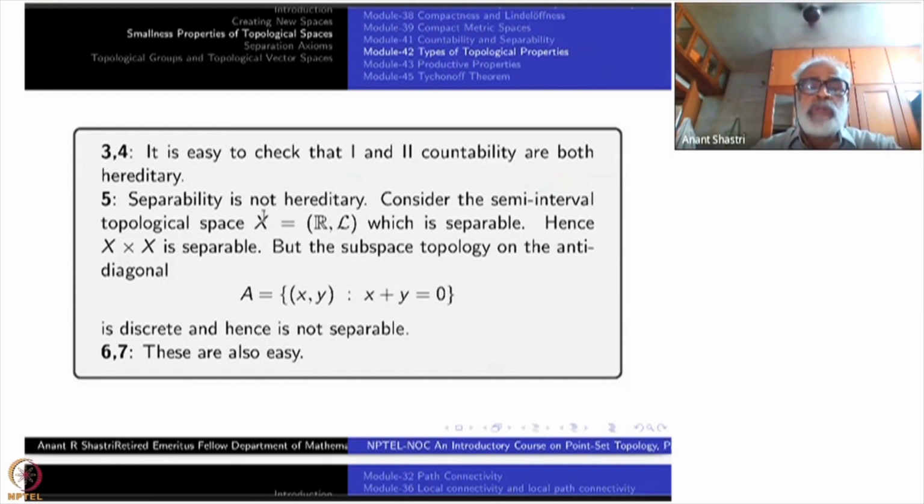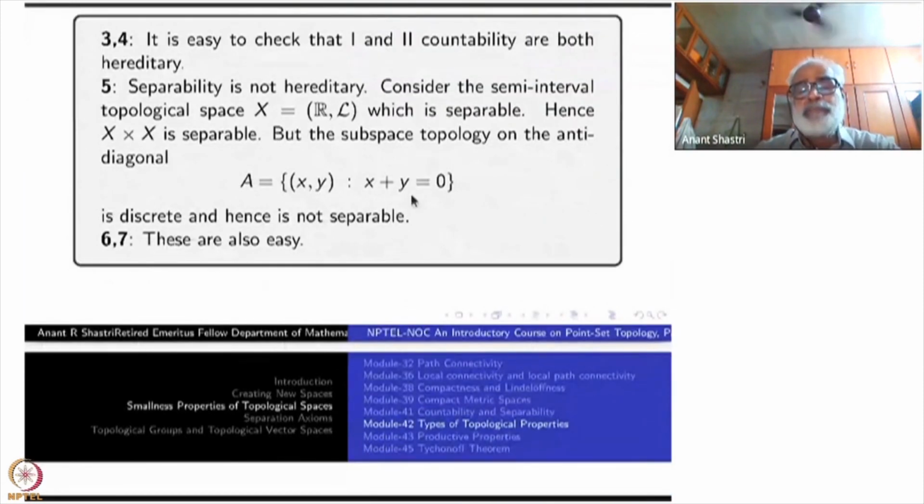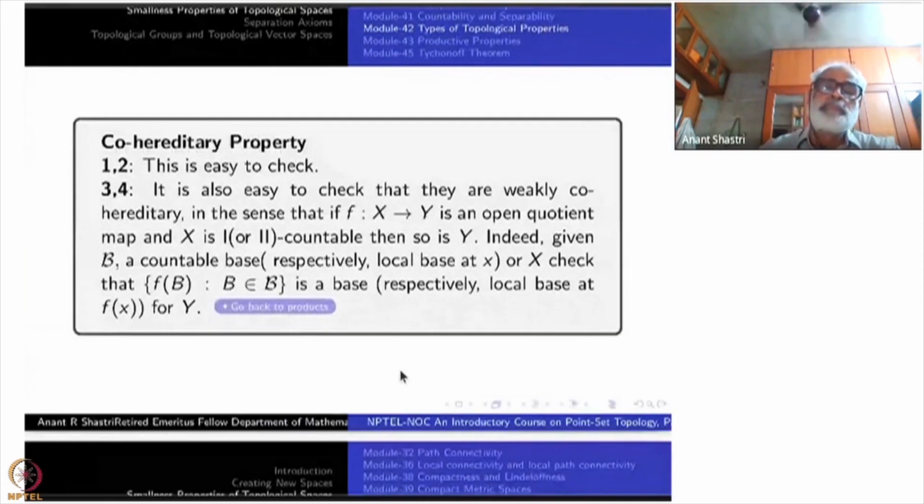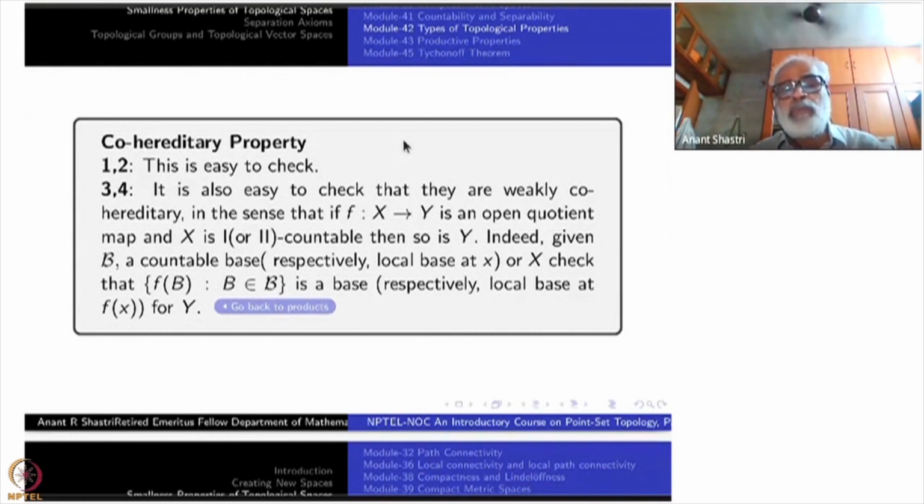So as I have pointed out, connectivity and path connectivity are not hereditary. That's seen easily. Now let's go to co-hereditariness. Compactness and Lindelof-ness, we have seen that the quotients are also compact and Lindelof.